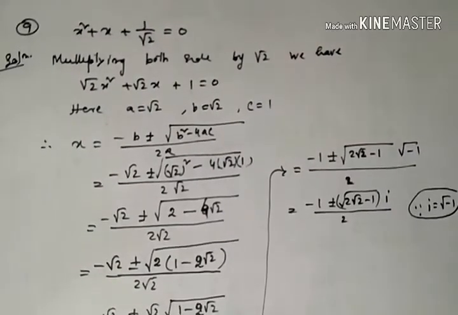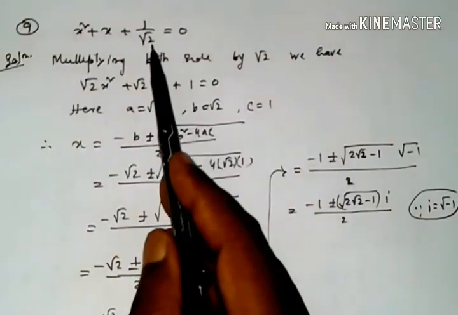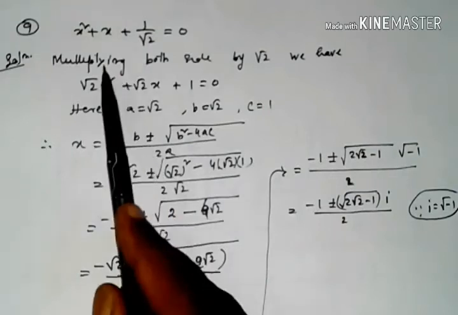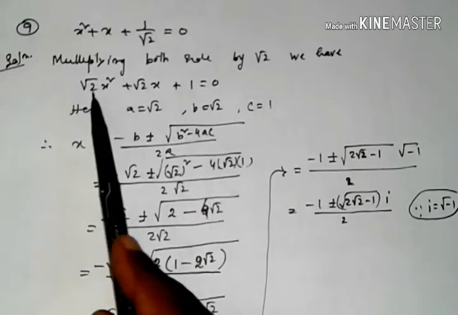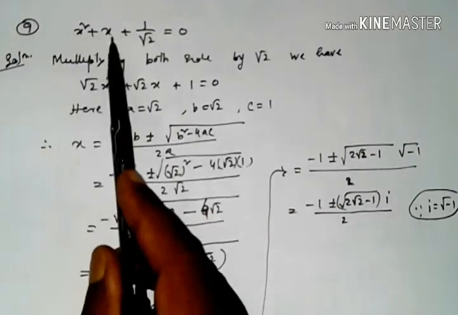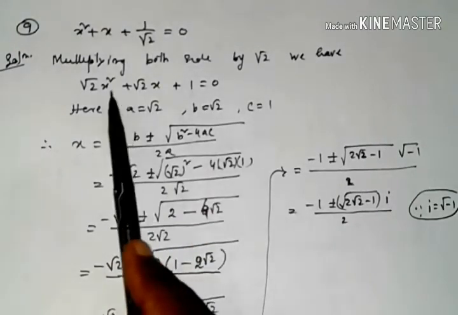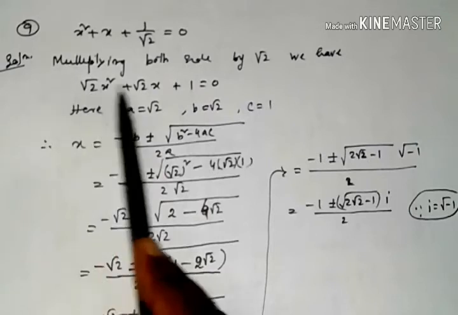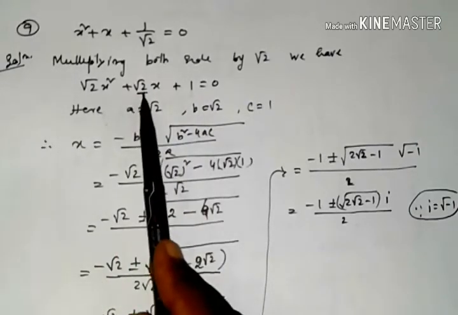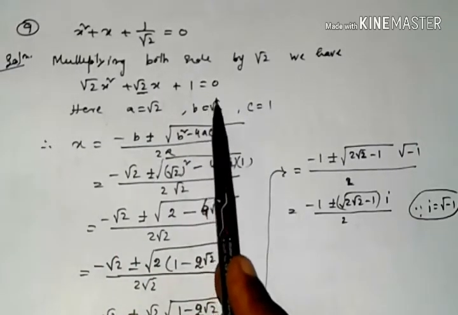We can see this is x² + x + 1/√2. If we multiply both sides by √2, we get √2x² + x + √2... Here also a = √2, b = 1, and c = 1.